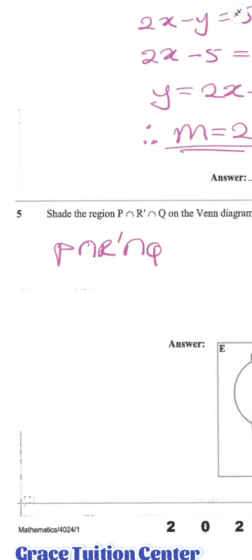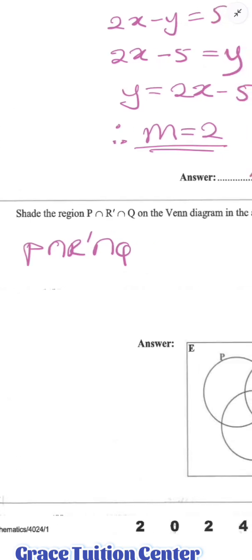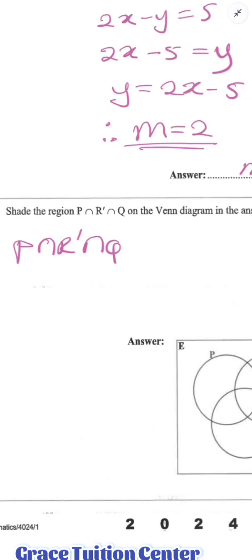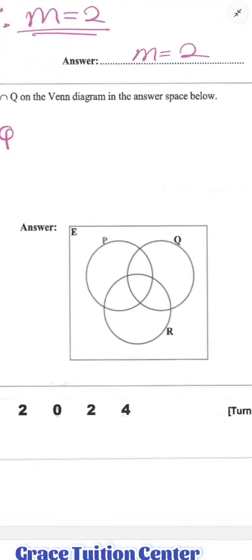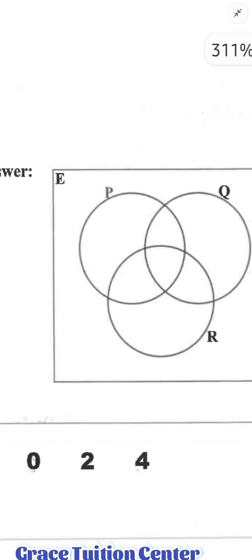The easiest way to find the area that we are going to shade is to first give a number to each section of our set.